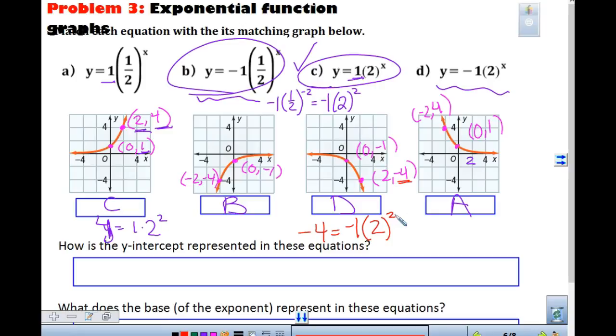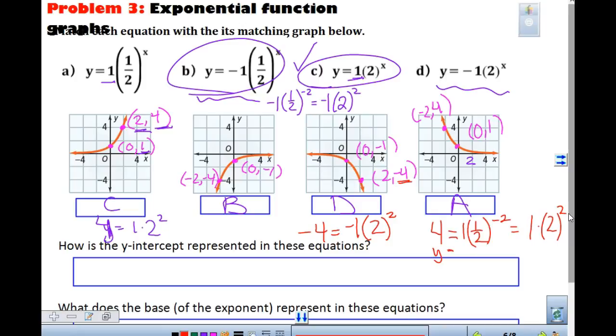I plug in -2, and I had 4 as the y value, equal to 1 times 1/2 to the -2. I remember that means reciprocal, and this is 2 to the second, and that does give me 4, okay? So you can always plug those numbers in, that x and y, and check them.